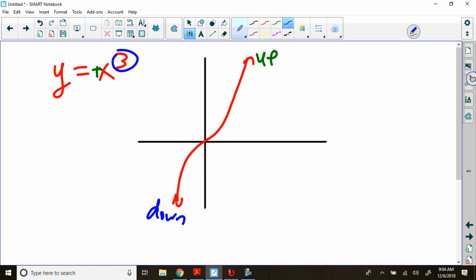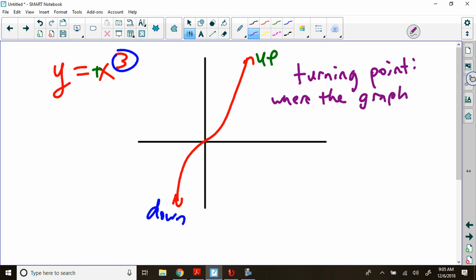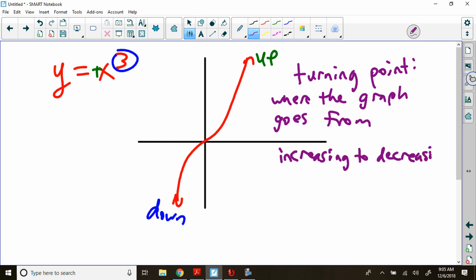So you're probably still asking yourself, what the heck is this turning point business? I just want to get to it so we can be done. So here's what a turning point is. A turning point is where the graph goes from either increasing to decreasing, or the other way around, decreasing to increasing.